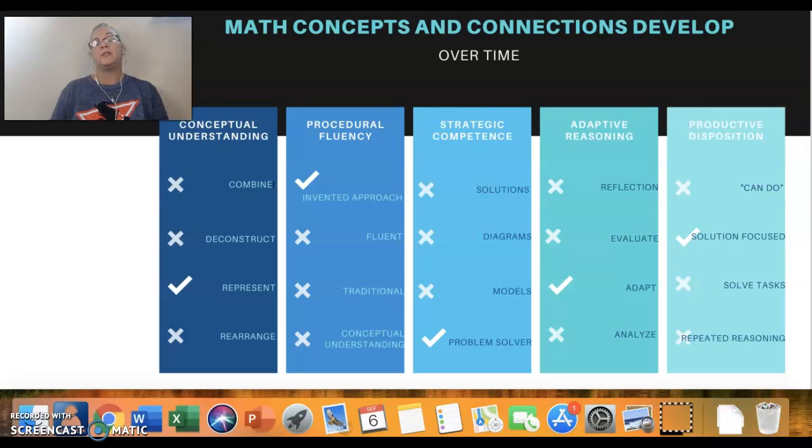So in your procedural fluency, you're going to find that being fluent, like as in reading, being able to read with prosody and intonation, accuracy and the right rate or the right speed, is going to encourage that math skill that you're going to know how to fluently add and subtract. You're going to know the rules.